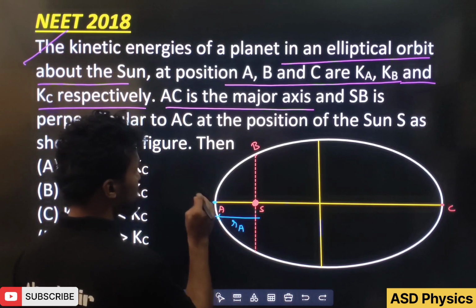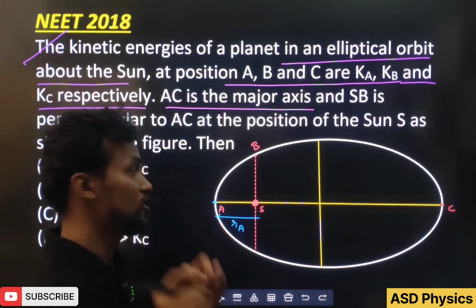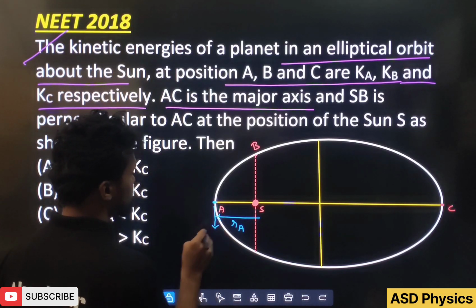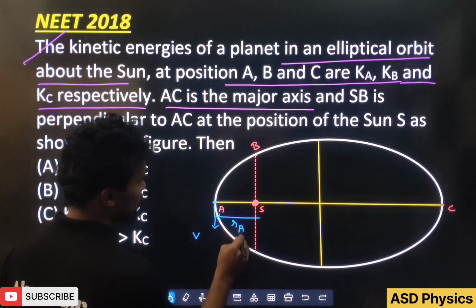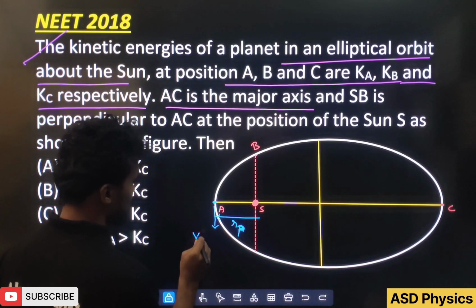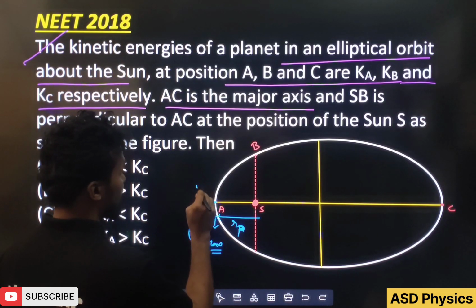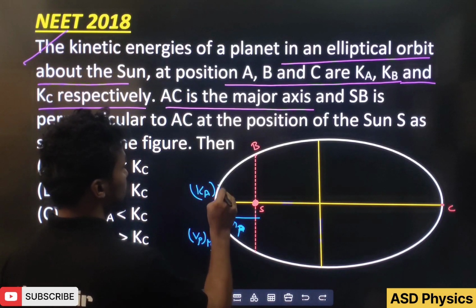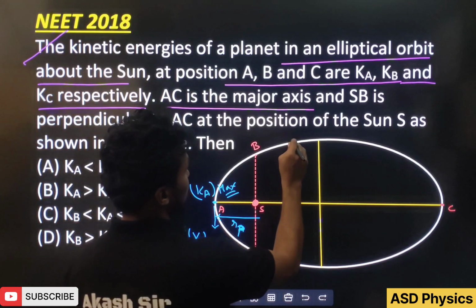This is called which point? Perihelion. Here this speed at perihelion, VP, will be maximum. That means the kinetic energy Ka will also be maximum. Speed maximum, kinetic energy also maximum if revolving like this.